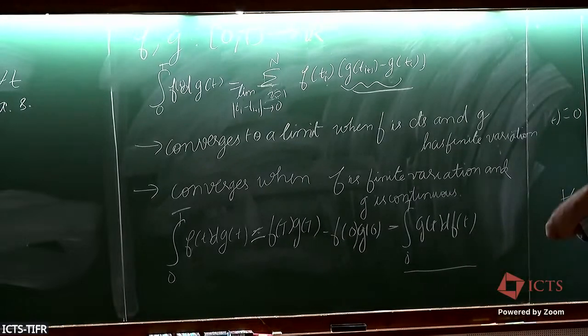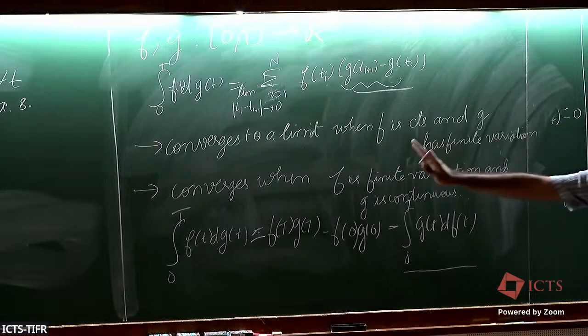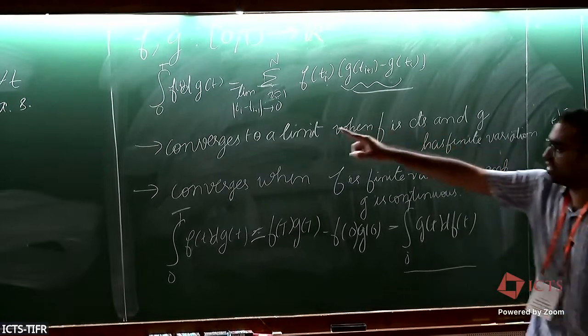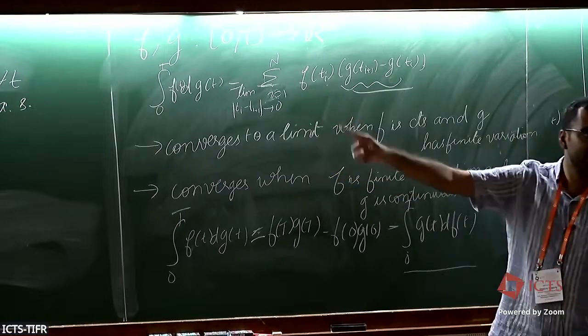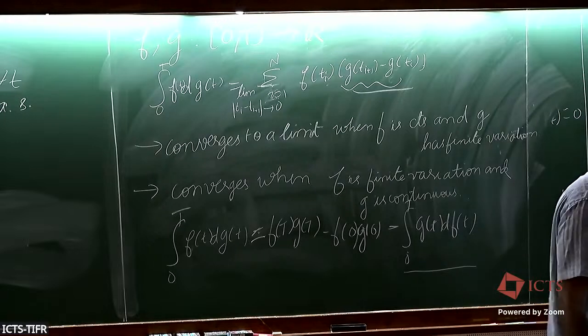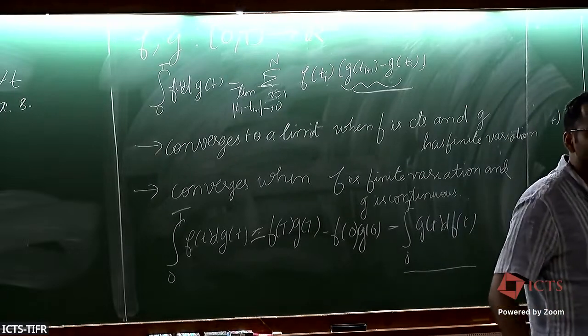So we can define this Riemann-Stieltjes integral for when f is continuous and g has finite variation, and when g is continuous and f has finite variation. Now let's see what goes wrong when we try to use it with our Brownian motion type integral.